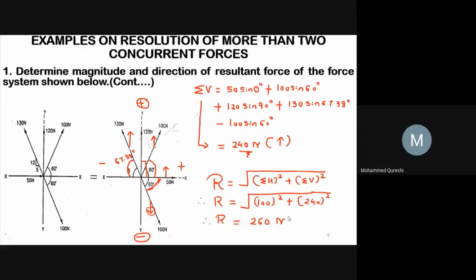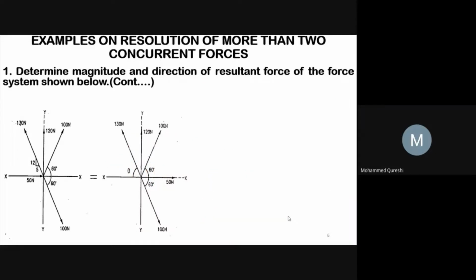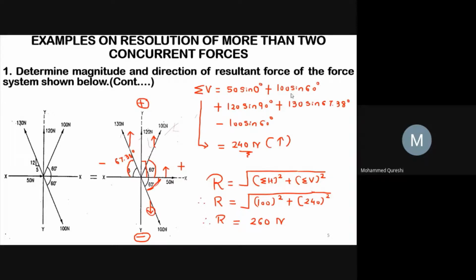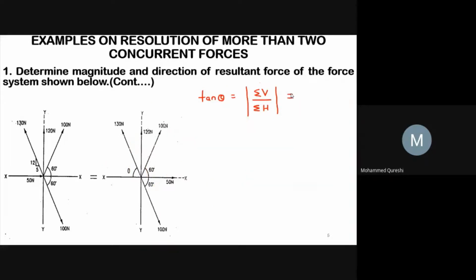Now we will go for the direction of the resultant force for the given system. For that we have the formula tan theta equals summation of vertical force upon summation of horizontal force. So what is the value of sigma v? Sigma v is 240, and what is the value of sigma h? It is 100.